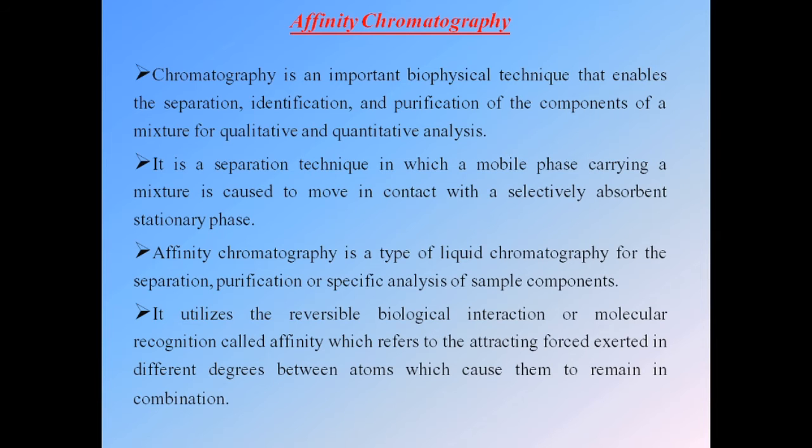In affinity chromatography, next is the immobilized metal ion affinity chromatography. Immobilized metal ion affinity chromatography, that is capital IMAC, is based on the specific coordinate covalent bond of amino acids, particularly histidine to metals.